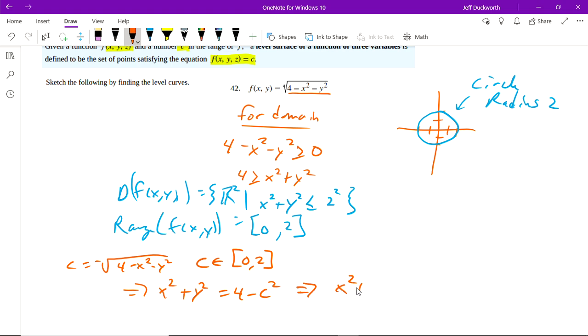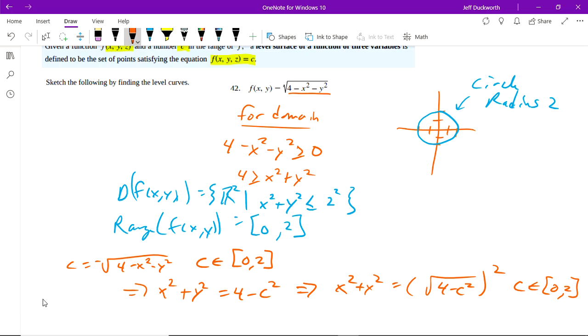So we'll square that, since we're taking the square root, and that's more of what our function is going to look like.